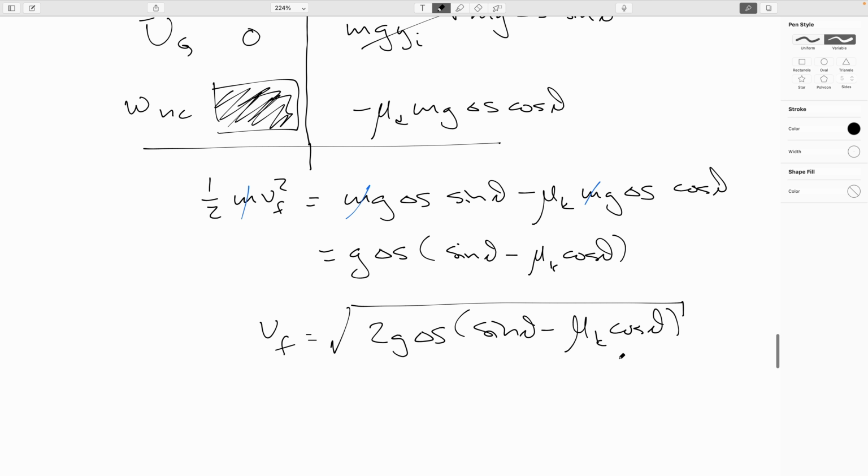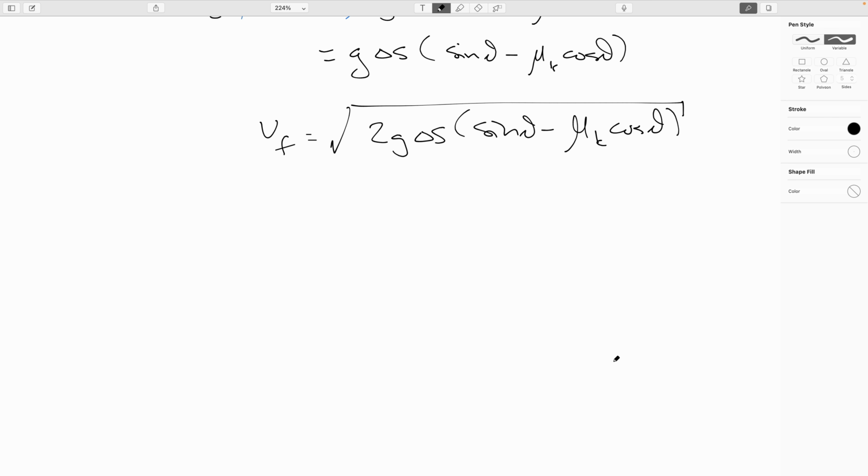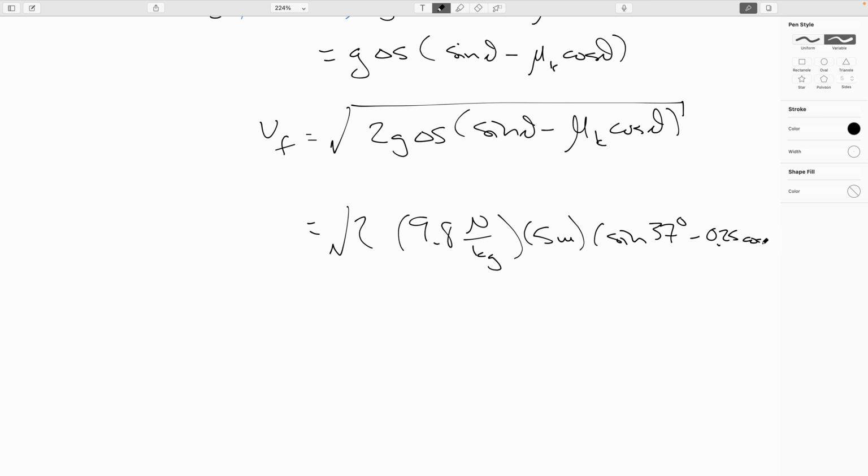So we end up with the square root of 2 times 9.8 newtons per kilogram times 5 meters times the sine of 37 degrees minus 0.25 times the cosine of 37. Take the square root.